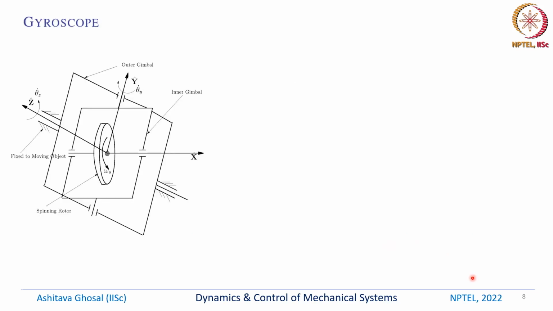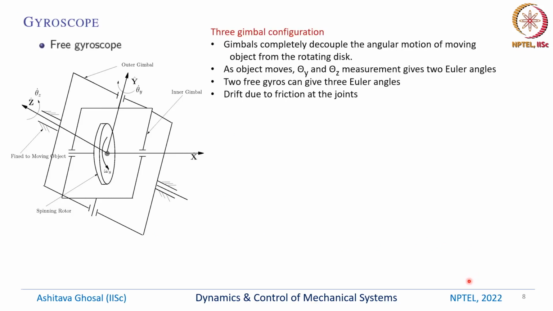Let's take another example. This is the example of a gyroscope, and we will look at what is called a free gyroscope. There are many kinds of gyroscope. There is something called a 3 gimbal configuration. So what is a gimbal? The gimbal is this ring like thing. There is a spinning disc mounted on this ring, and this ring in this example could rotate about the x-axis.